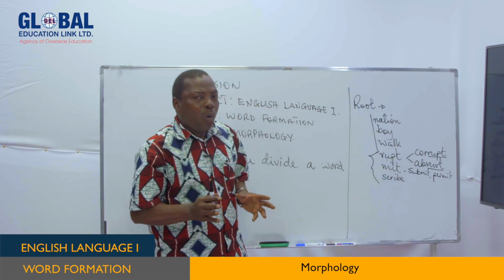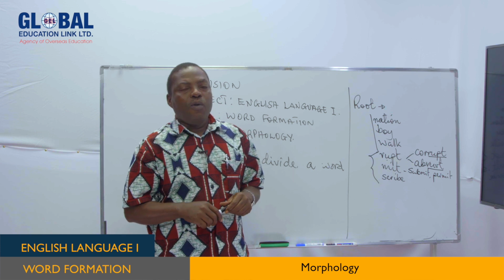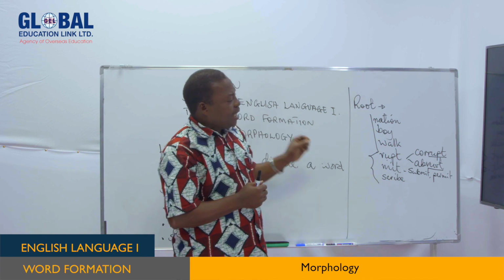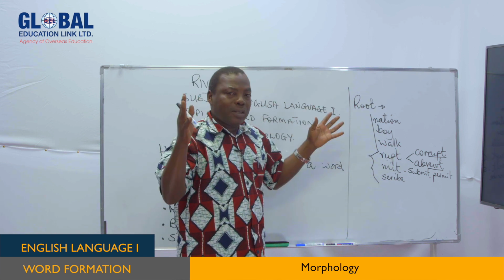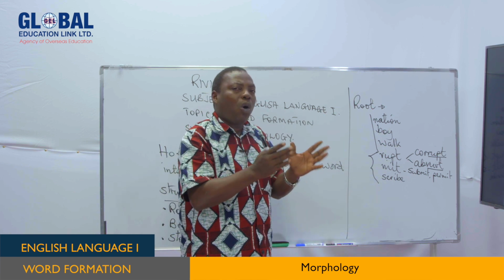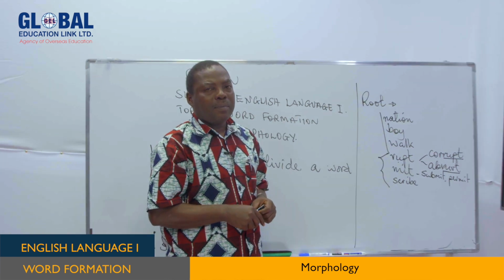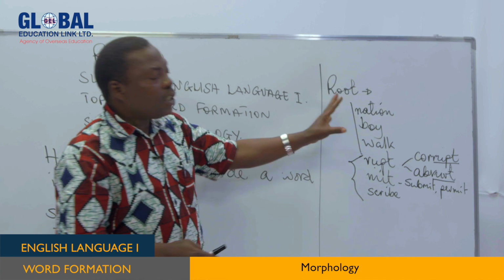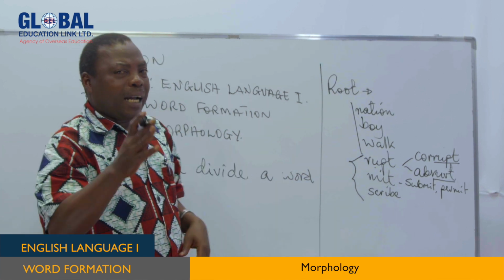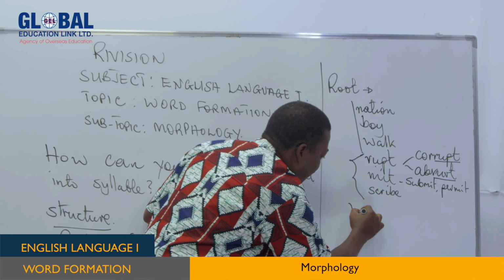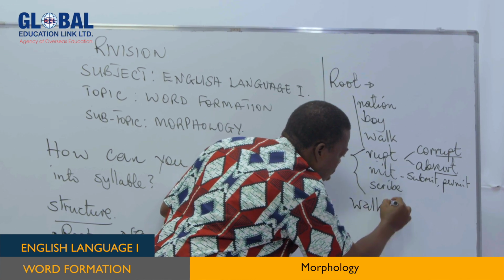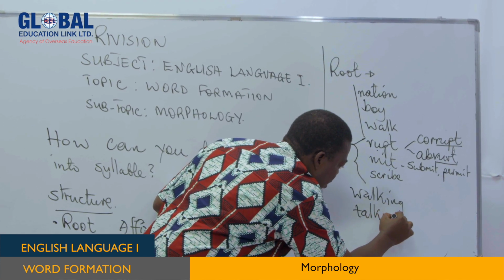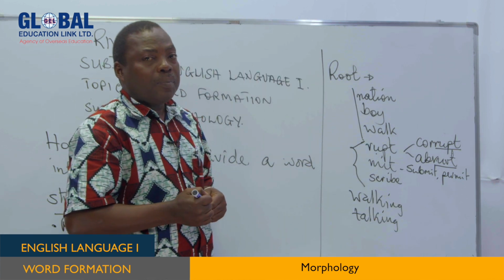So when you are to identify a root from a word, you have to ask yourself, has this element been shared by other words, or is it something in common only for a particular word? When it is not shared, then you know it is not a root. But it should not be confused when you have a word like walking and another word like talking.